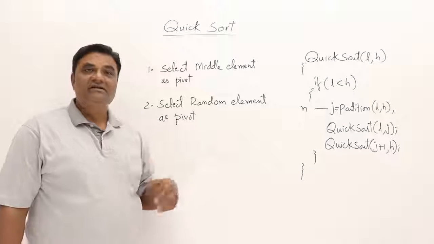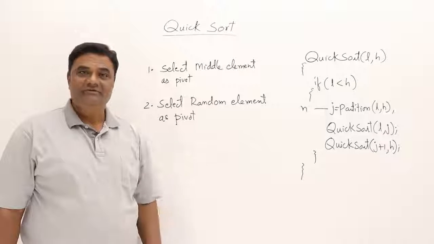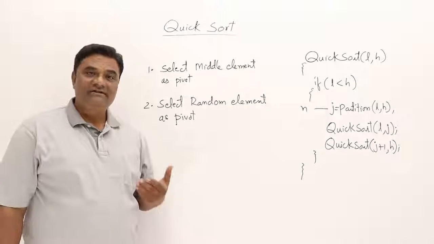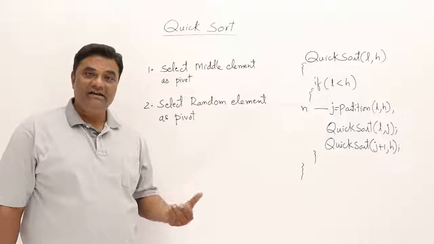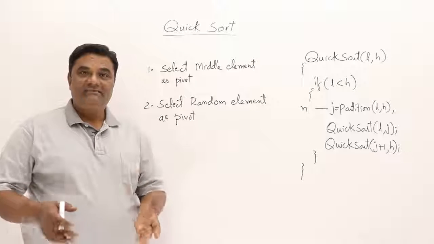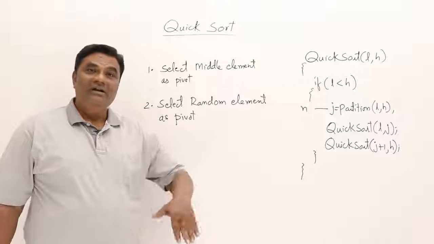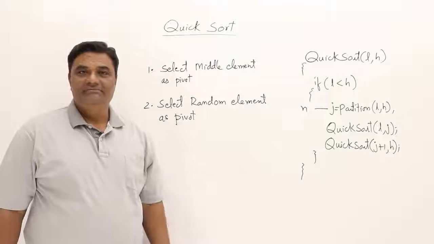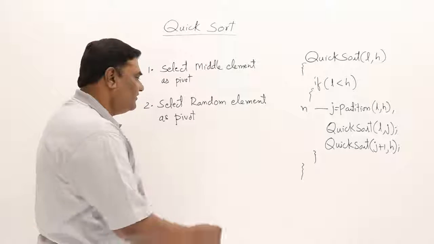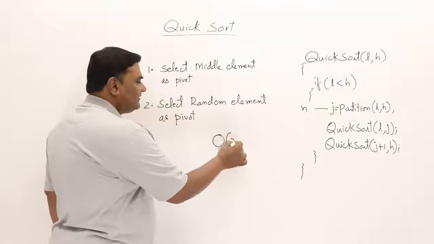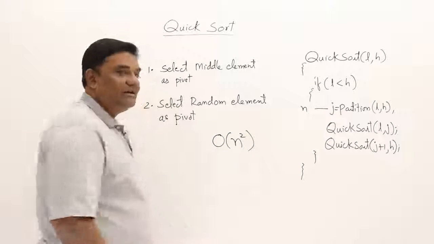The other suggestion is to randomly select some element as pivot. If you randomly select some element as pivot, again it may take n log n time or maximum again n square time. So the worst time taken by quicksort is always n square.